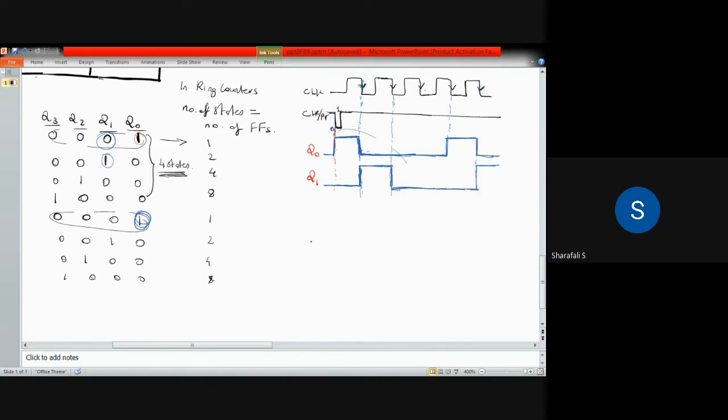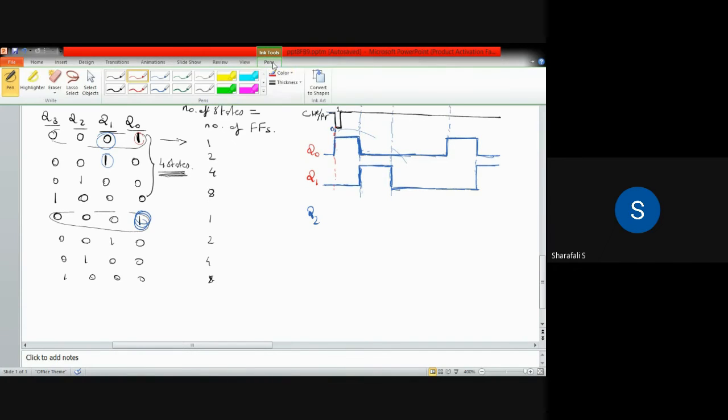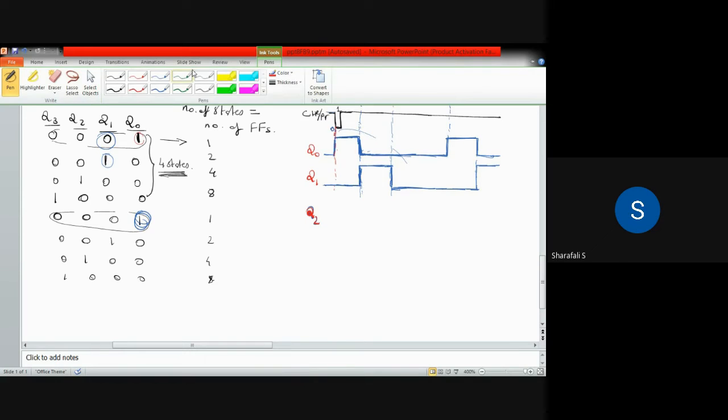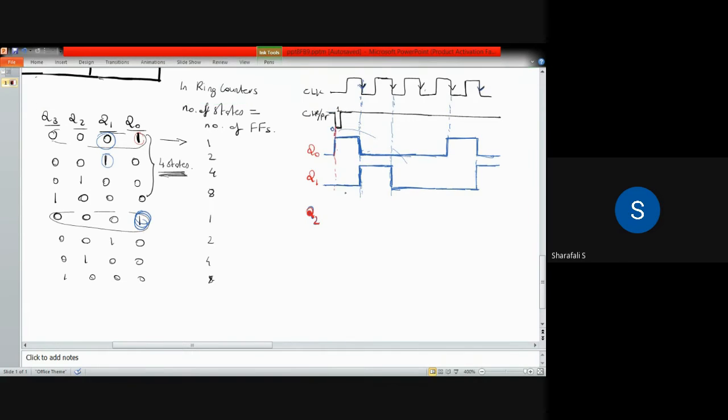And for Q2, consider Q2. For the first two cases it is 0. So even after the first edge of the first clock pulse, it is still 0, and at the second clock pulse it is going to become 1.